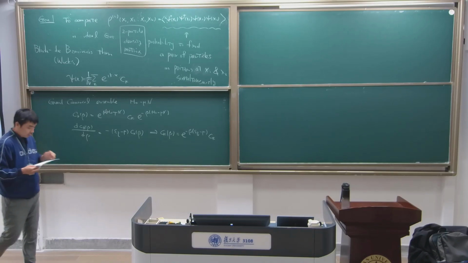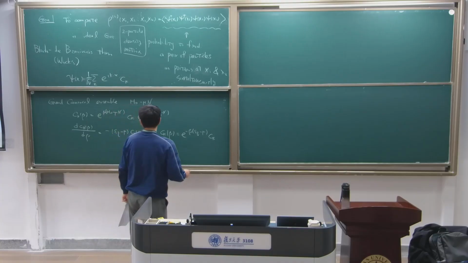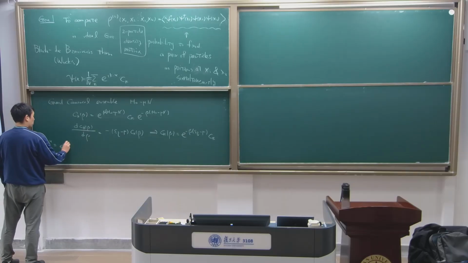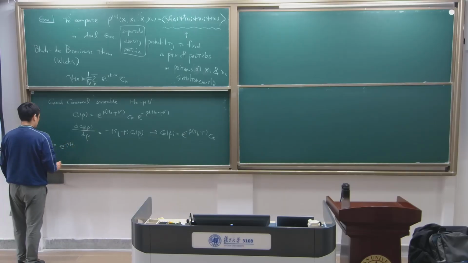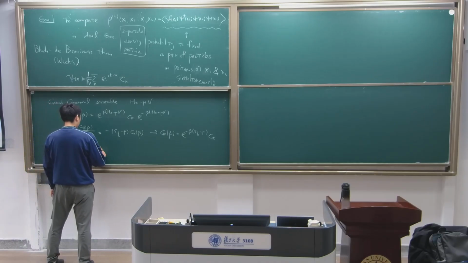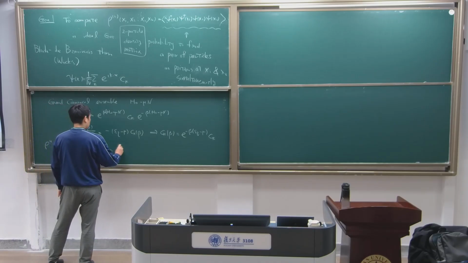Under the thermal temperature calculation, last time we learned that the unnormalized rho is e to the minus beta H, and this one is the unitary operator e to the plus iHt over h bar.